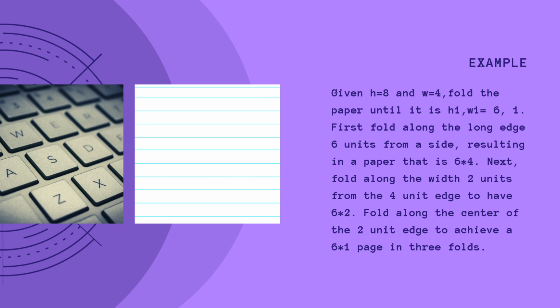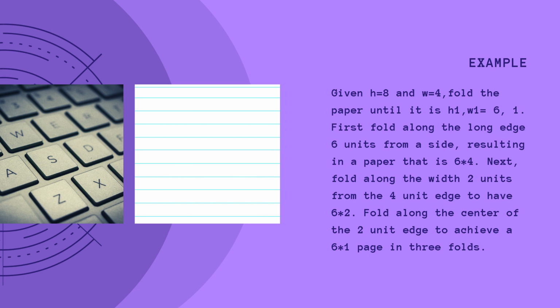They give you a paper of a certain dimension and ask you to convert the same paper into a different dimension. The given dimension is h and w, and the dimension to be converted to is h1 comma w1. So h1 comma w1 will always be less than or equal to h and w, because you cannot expand the paper but you can shrink it.